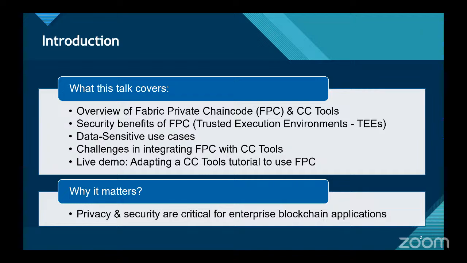So why does this project matter? We will go back a little bit and start talking about what Hyperledger Fabric is, because some of you may not have experience with the system already.